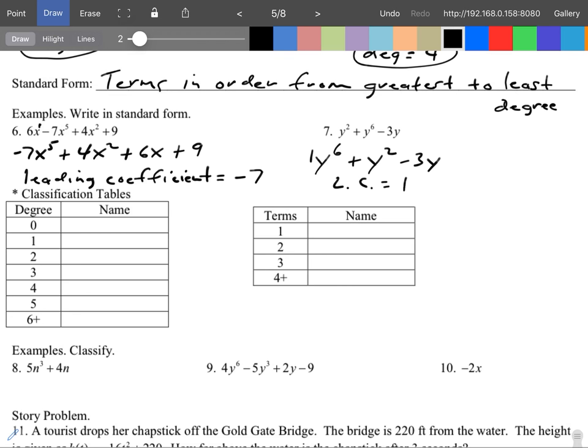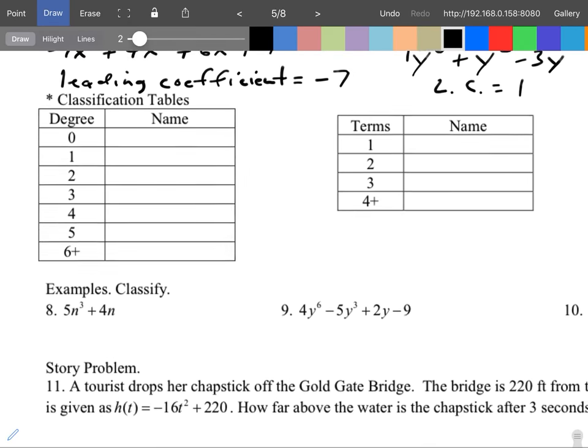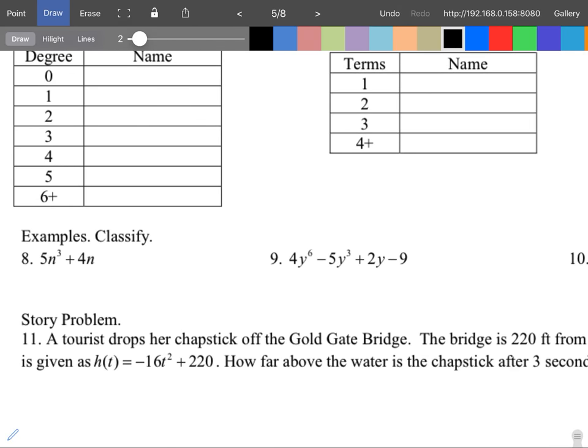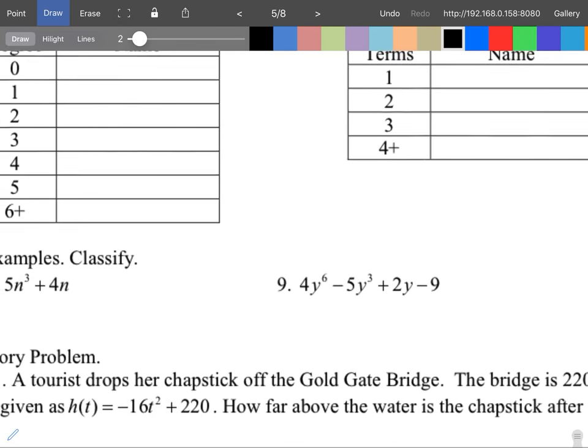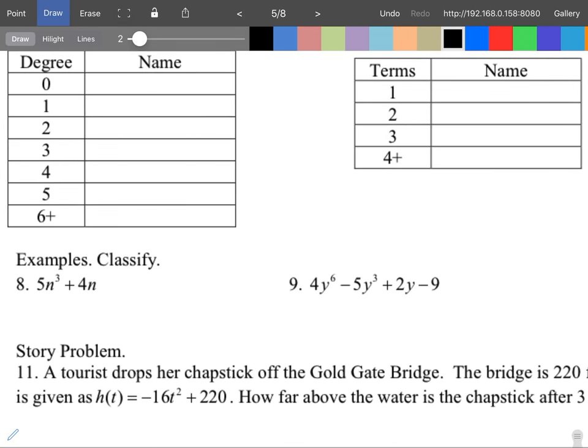All right, then the rest of this, we got to fill in these 2 tables. This is just vocabulary stuff. So there's a lot of vocabulary in this section. So let's fill in these two tables. Okay, so we're going to classify the polynomials in two ways.